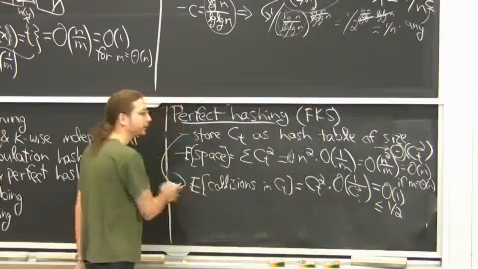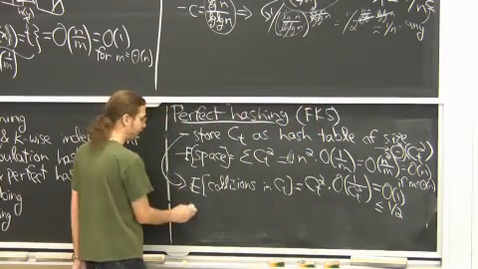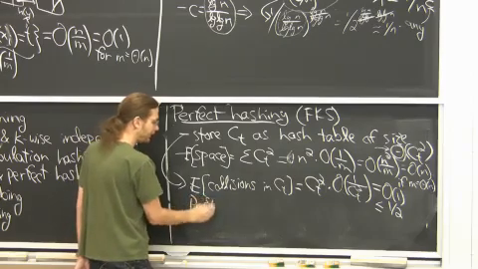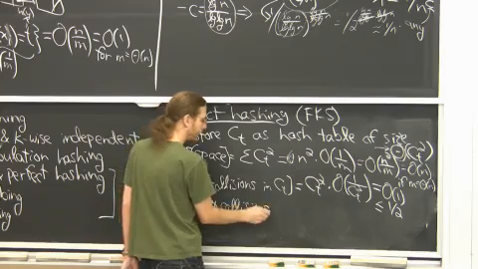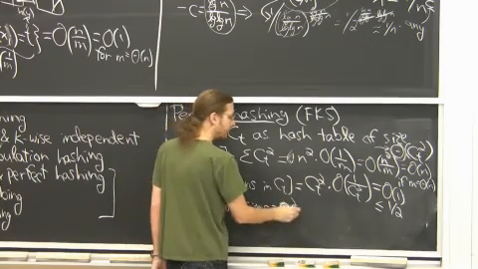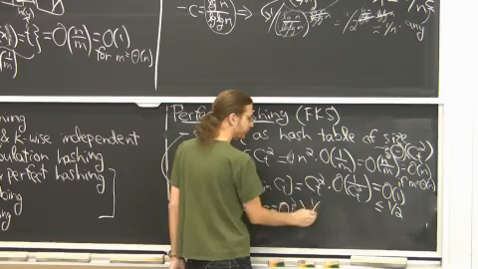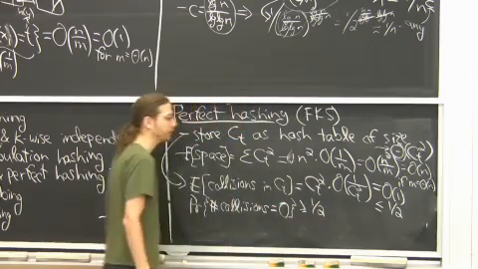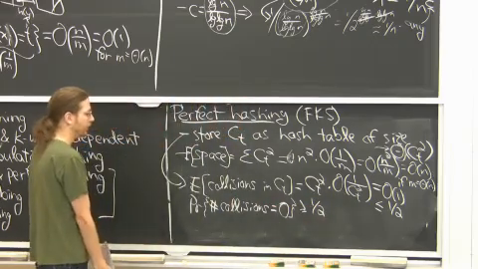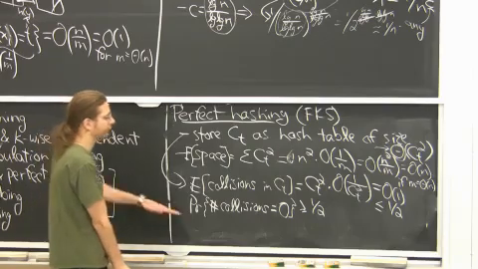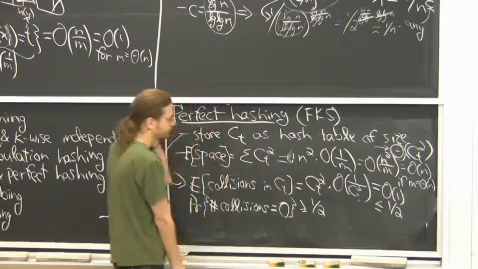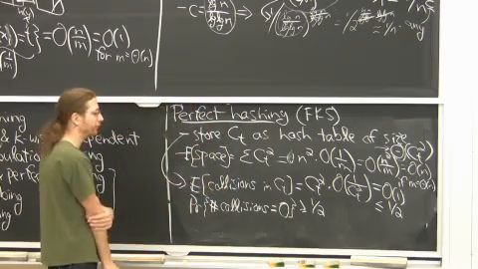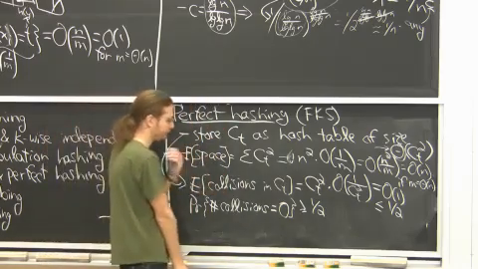And if the expected number of collisions is less than a half, then the probability that the number of collisions is 0 is at least a half. This is Markov's inequality in particular. The probability the number of collisions is at least 1 is at most the expectation over 1, which is a half.